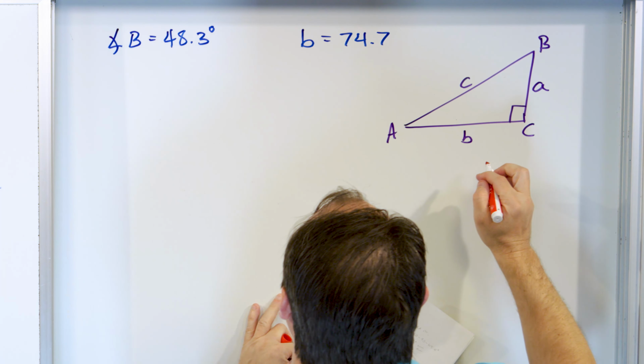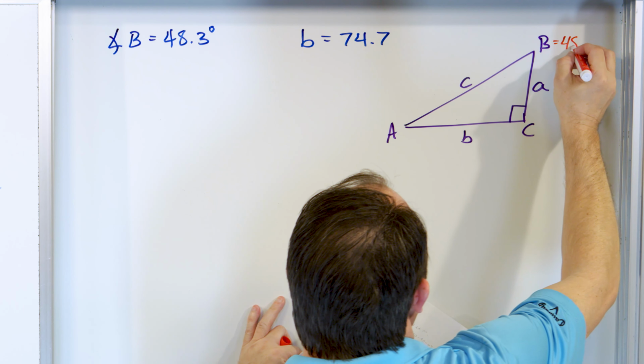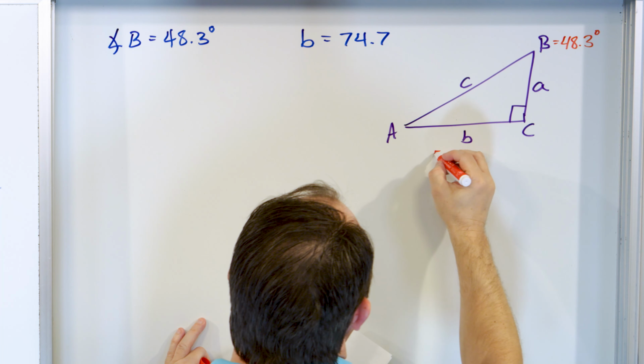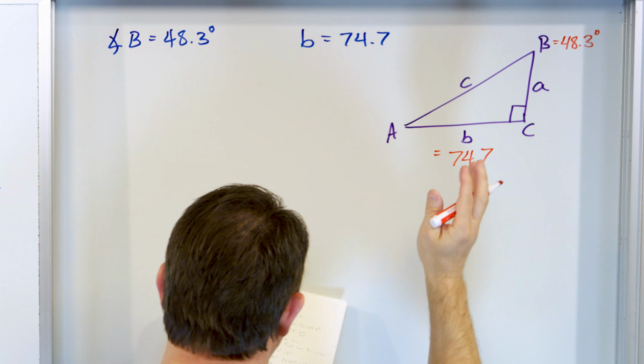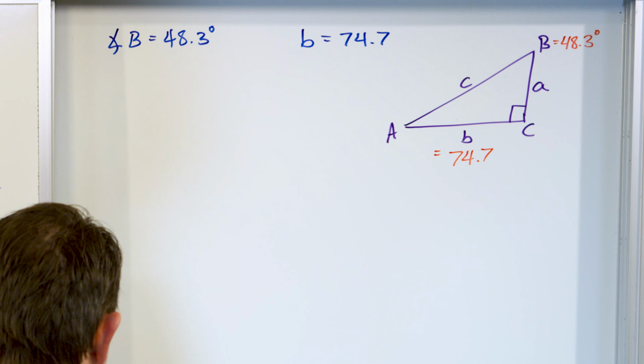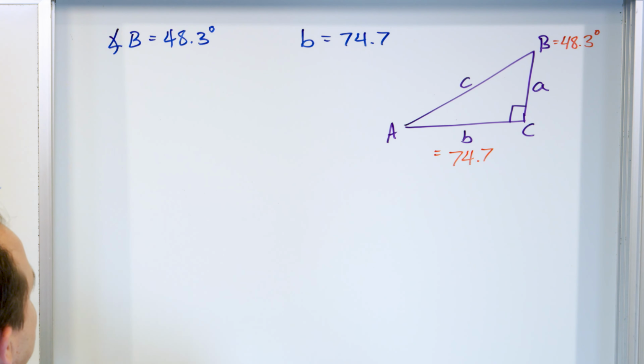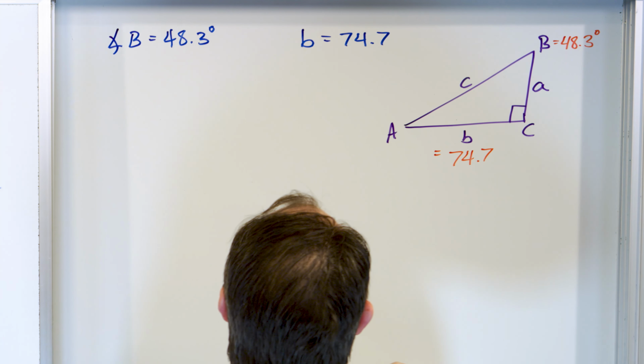Angle B is 48.3 degrees. And then side B, down here, is 74.7 meters or whatever it is. So what do we do first? Well, you really have choices. You can do whatever you want first, but I actually have two angles here.